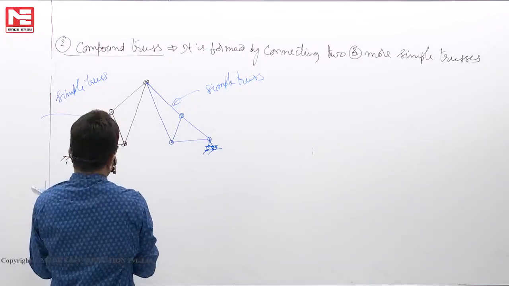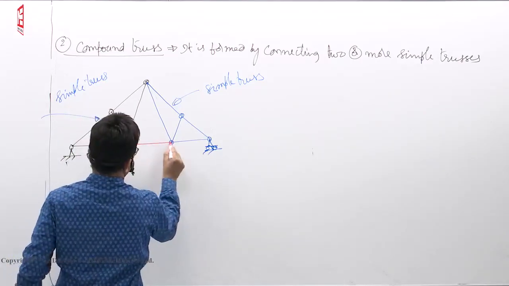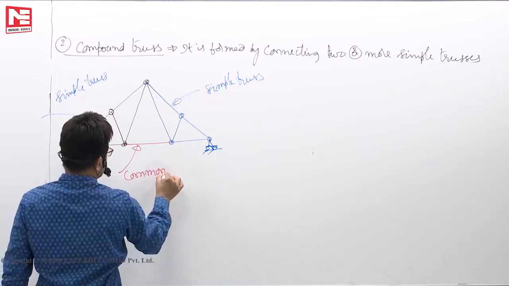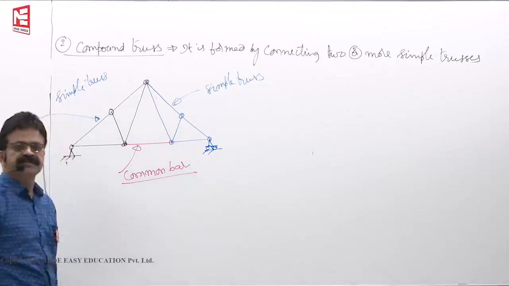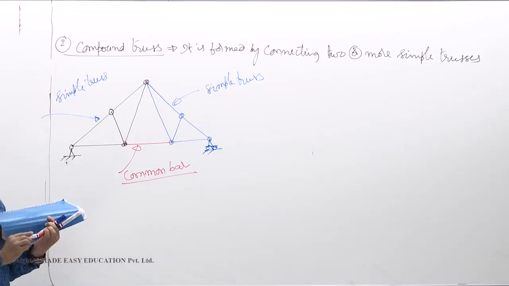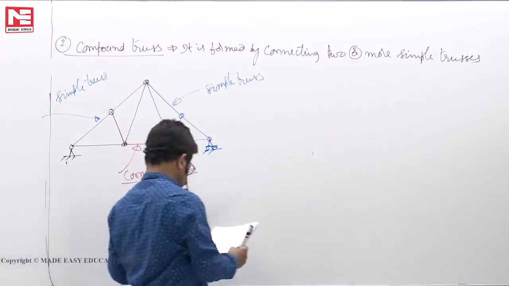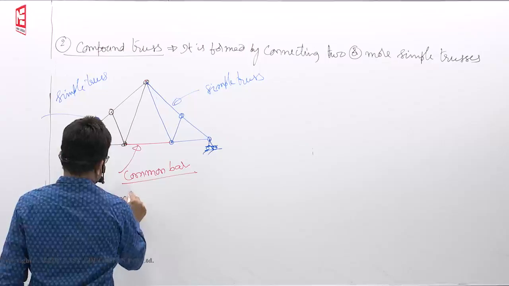Connect them by a common bar like this, a common bar or a common joint. Connect them, it becomes like a compound truss. Okay. Now another example is, this is a compound truss.